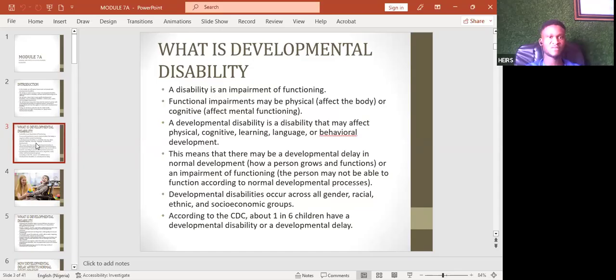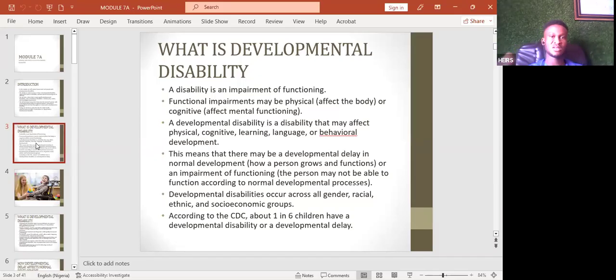Developmental disability. So the first definition here is that a developmental disability is an impairment of functioning. When we say impairment, we mean when something is preventing something from happening. Looking at it, impairment of functioning is the inability of a particular organ, structure, or person to function.